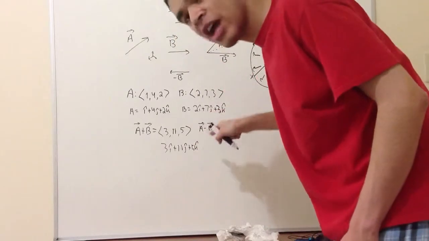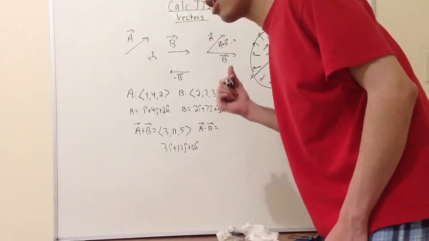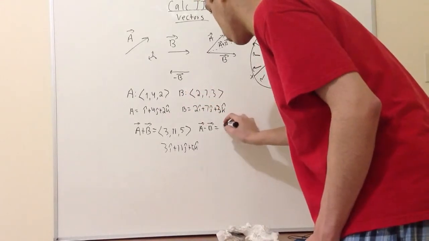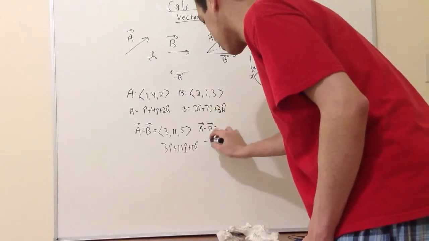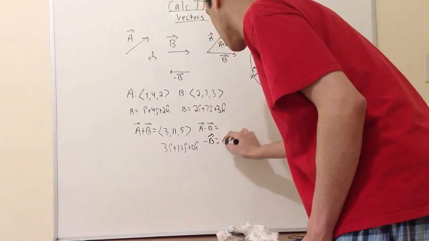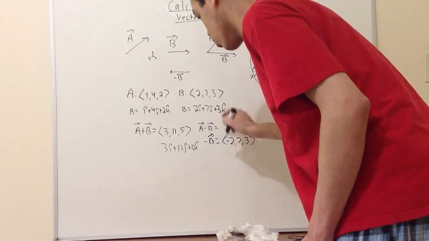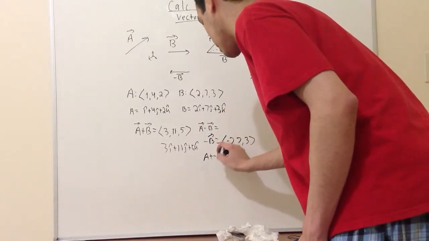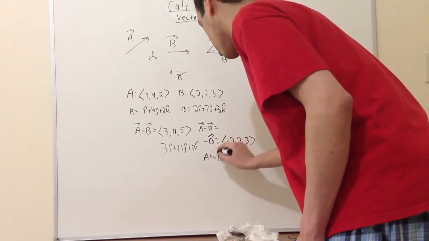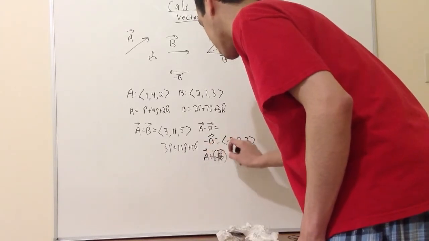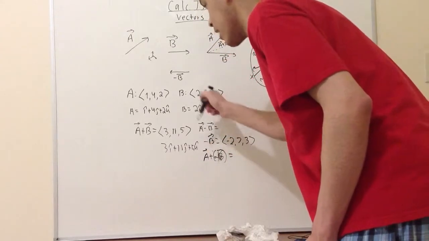To subtract vectors, you can think of it as adding the negative of a vector. The negative of b is just negative 2, negative 7, negative 3. So when you do a plus negative b, it's kind of messy, but you just add the negative of each of these.